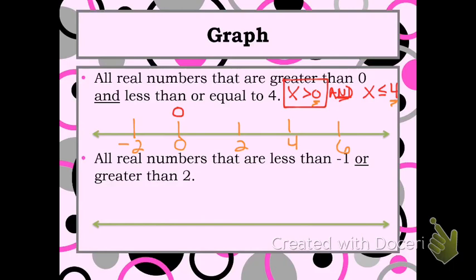And the numbers that are greater than 0 are numbers like 2, 4, and 6, so I would shade to the right. For x is less than or equal to 4, that one includes an equality sign, so 4 is a solution. I would have a colored in circle at 4, and then the numbers smaller than 4 are the ones off to the left.